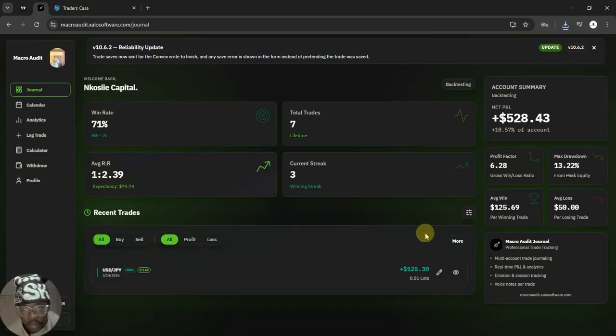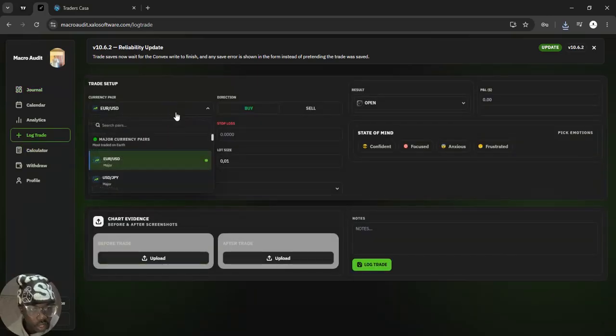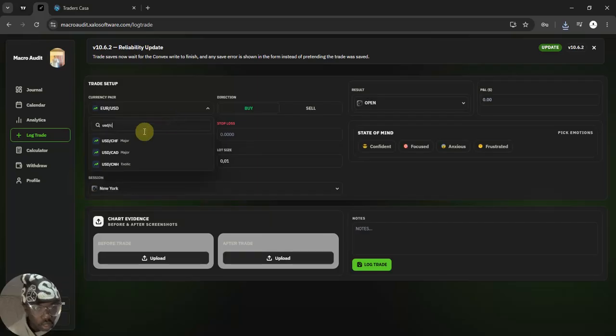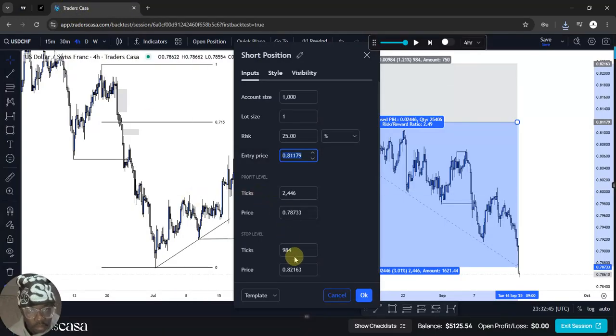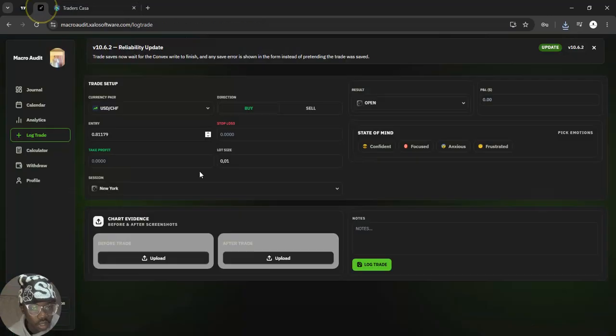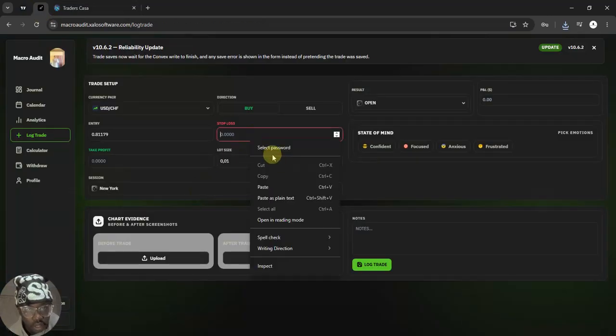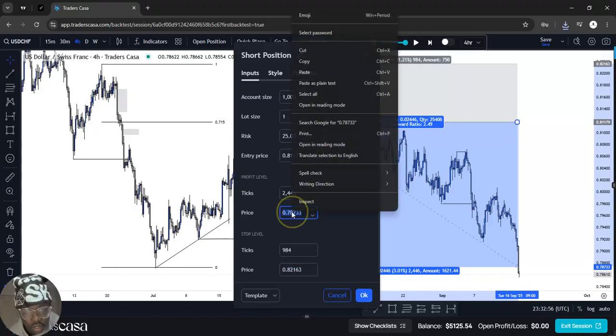Yeah, so this is the backtesting channel so far, and let me lock this trade. We are on USDCHF. Entry, stop loss, then take profits, copy.